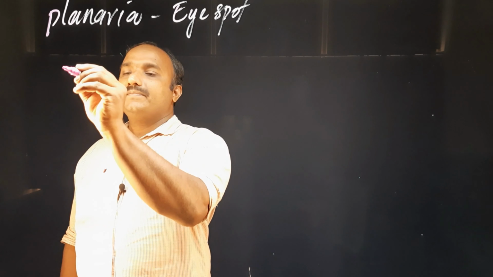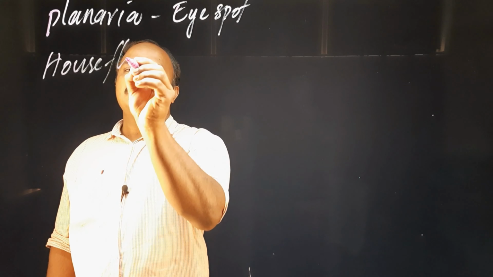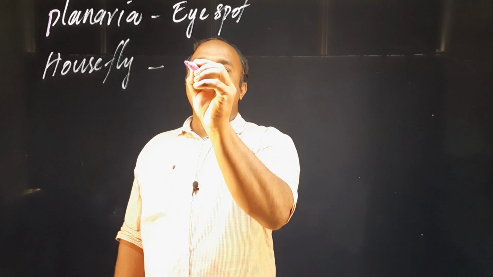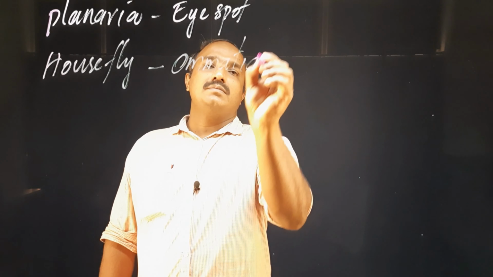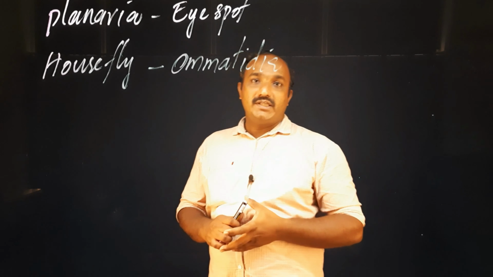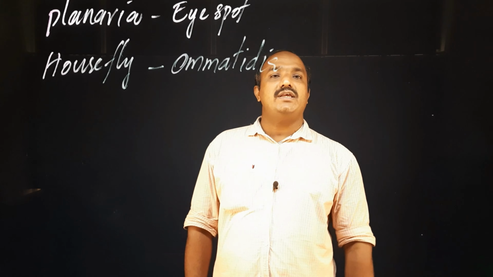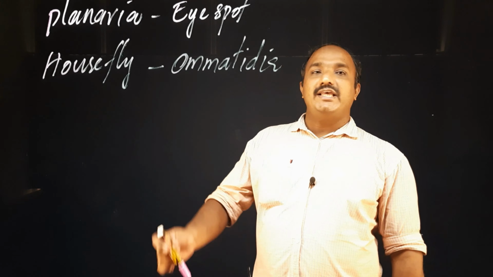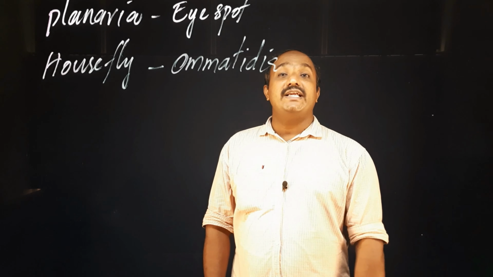Second, housefly. Ommatidia. The receptor of the housefly is called Ommatidia. Housefly, then honeybee, they are having Ommatidia. Ommatidia means it's just like our LED bulb.